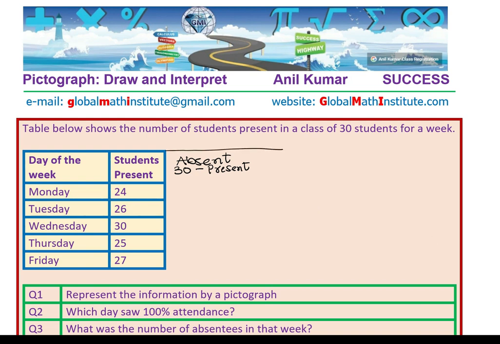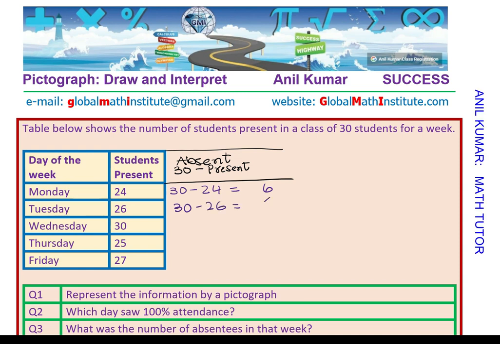So on Monday, it was how many? Let's write down. It was 30 minus 24. So total was 6. Then we had 30 minus 26, which is 4. Then we have 30 minus 30, 0. 30 minus 25, 5.